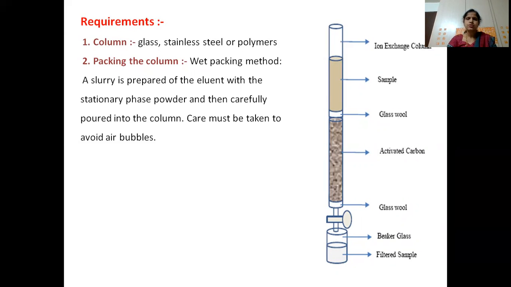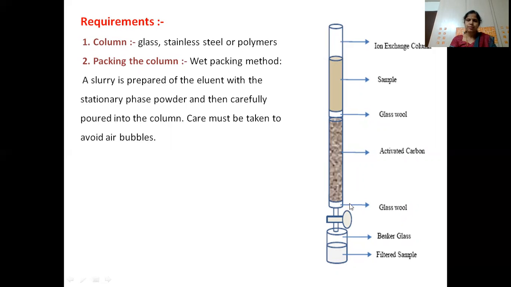For this, whatever resin we select, we first prepare a slurry of that resin and fill it in the column. Before filling, we place some glass wool at the bottom so that the resin will not get drained out.